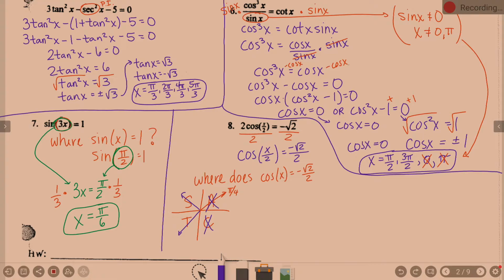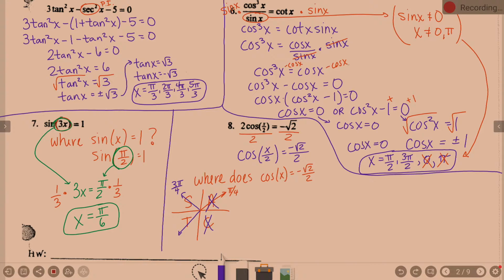Now go to the unit circle. Over in quadrant 2, what is pi over 4 up from the x-axis? And that is what? Okay, so 3 pi over 4 we're going to have to use.